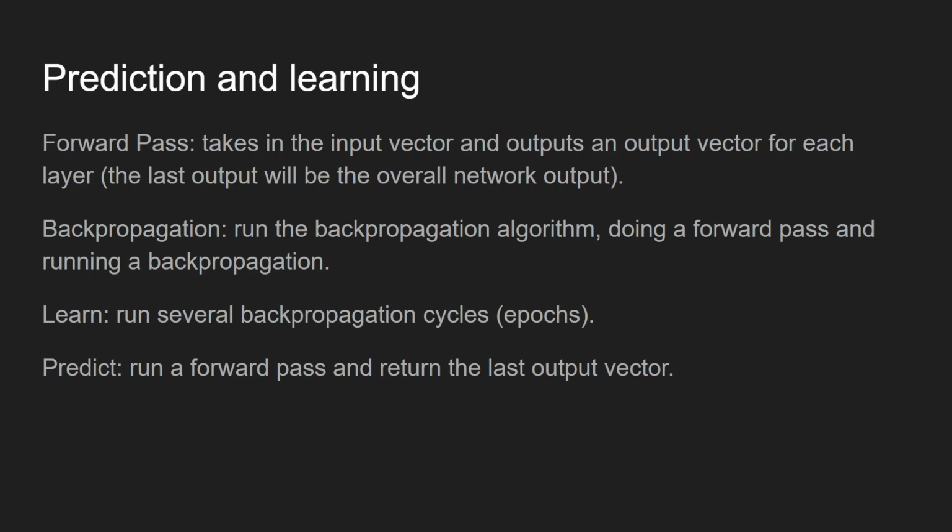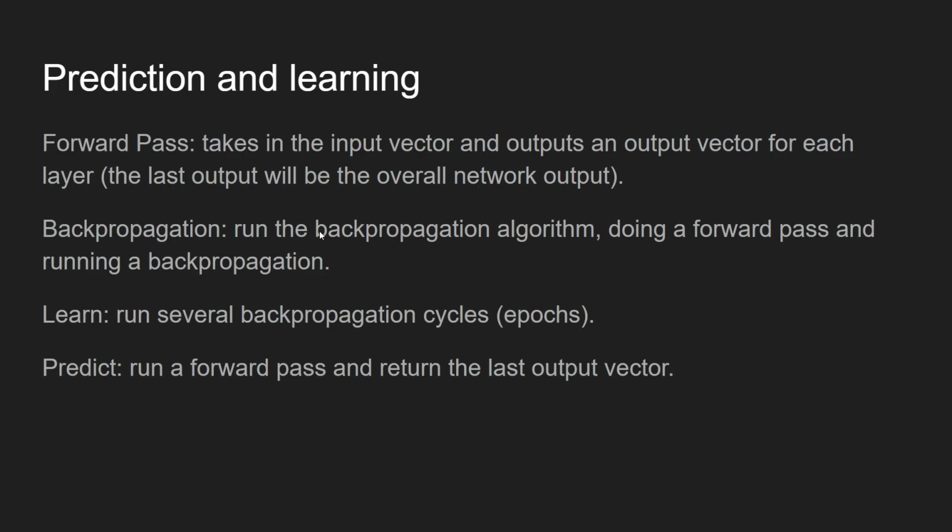Every layer in the network, not just the last one. We have a predict function way down here. This is just going to be a wrapper for that forward pass, except we're just returning that last output vector. The reason we have that is just to make it easy, because forward pass is returning one output per layer. This is just returning the output of the whole neural network.